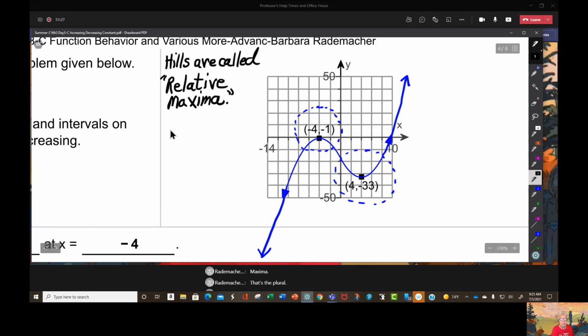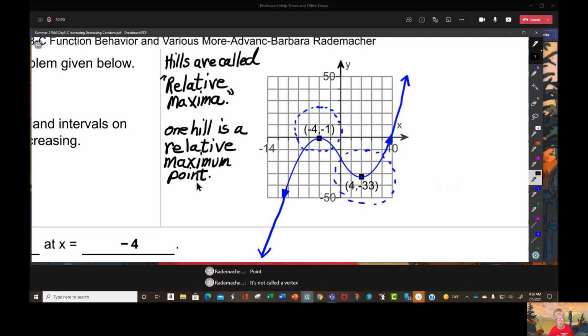There's one hill, which is a relative maximum point. It's not called a vertex, but it is called a relative maximum point.